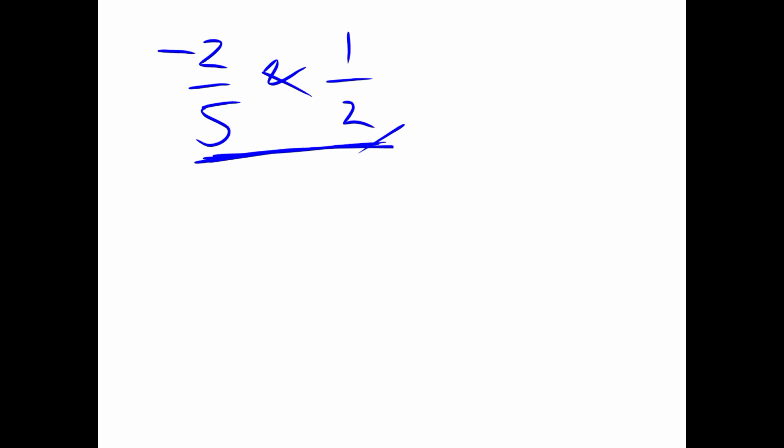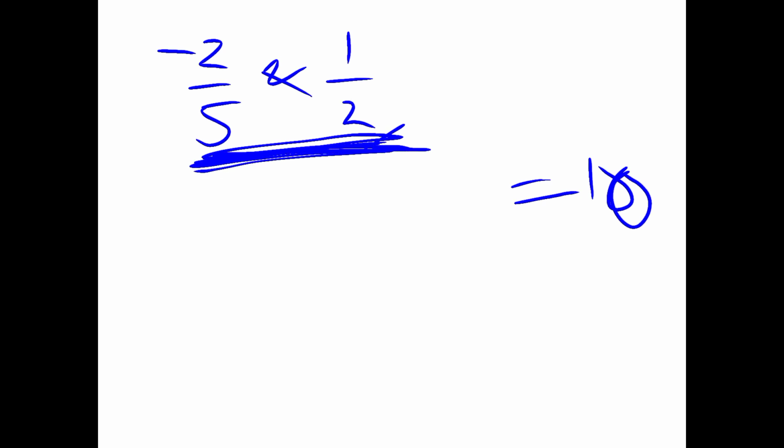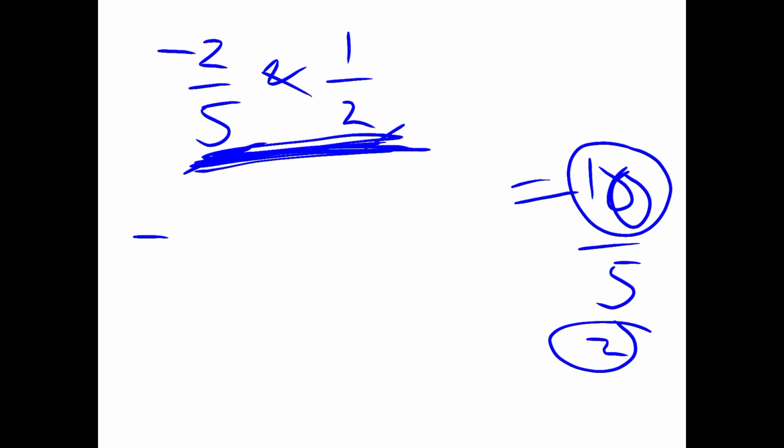The LCM of the denominators 2 and 5 is equal to 10. I have already shown the method of obtaining the LCM of given numbers. So it is 10. Now divide this LCM by the denominator of the first rational number, so 5 twos are 10, giving 2. Take minus 2 by 5 and multiply it by 2 in the numerator and denominator.